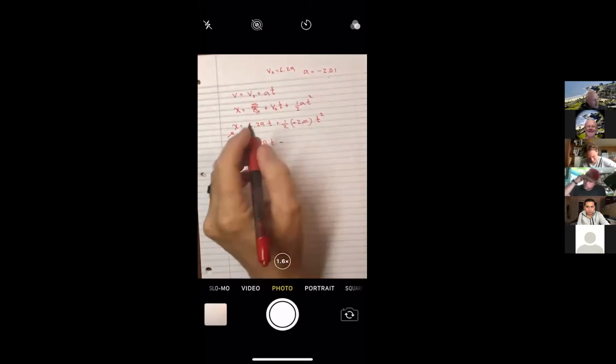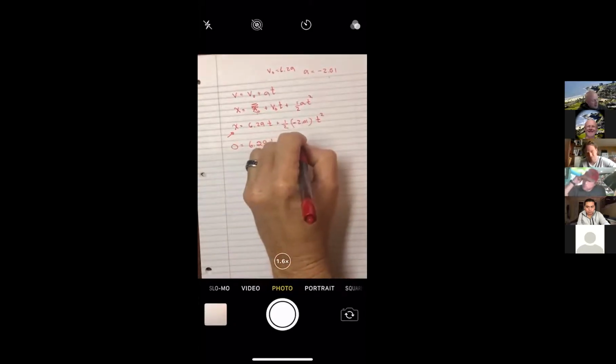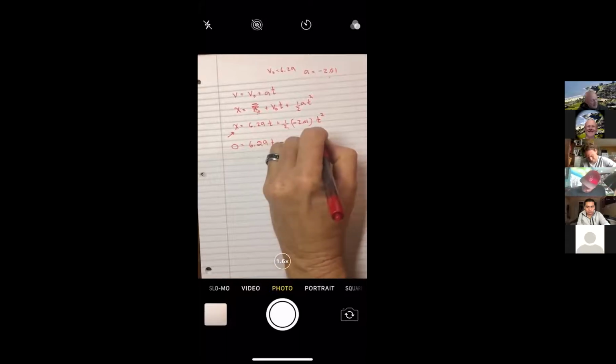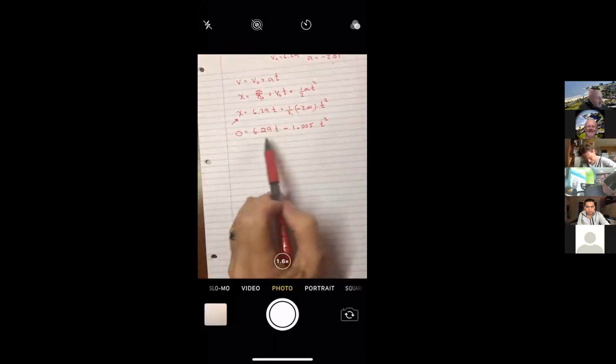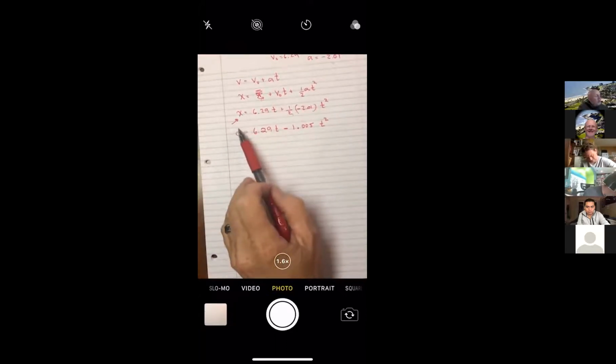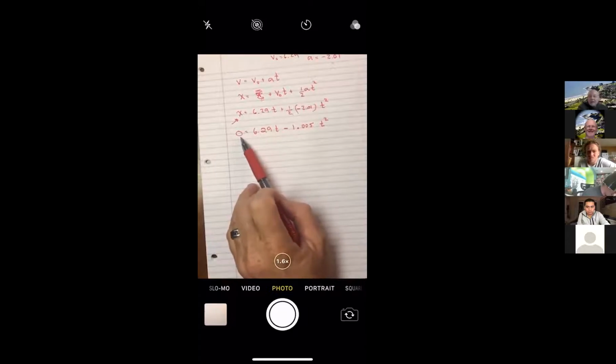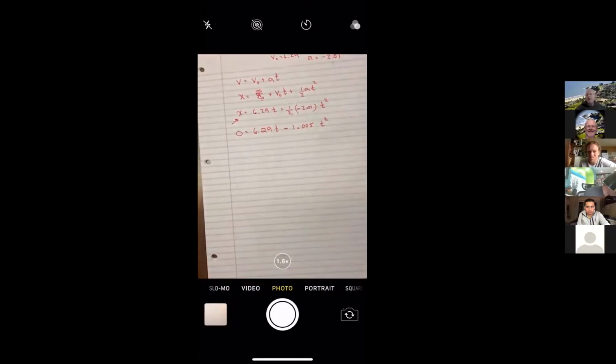I'll just do a little math here. This would become 1.005 t squared. So that's the physics part of it: when does it come back to its starting position? When does x equal 0? That's the part we were talking about this morning.